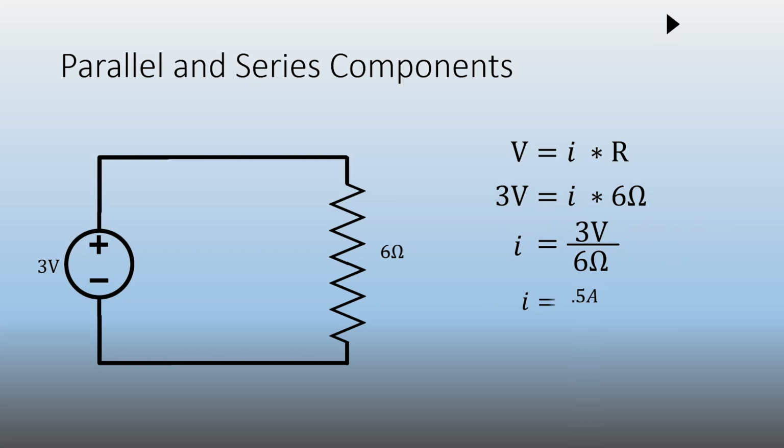We find that 0.5 amps are flowing in the circuit. If you remember back to the example we just covered, you will find that it is the same example. The first time we looked at a single resistor. The second time we combined 2 resistors and added them together. The outcome is the same in both cases.